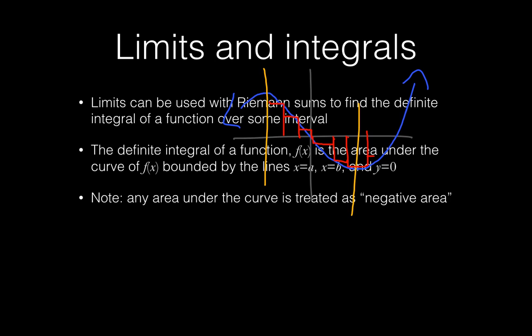This isn't going to give us the perfect amount of area. As you can see, there's a bunch of areas right in here, here, here that are all not being included. But this will give us a fairly decent estimate. Now, if we make these rectangles smaller and smaller in width, it's going to give us a more accurate measurement. Oh, and actually, you would not be taking these rectangles into consideration.